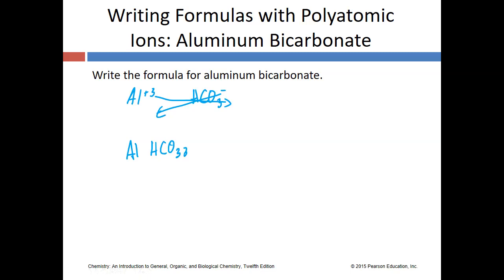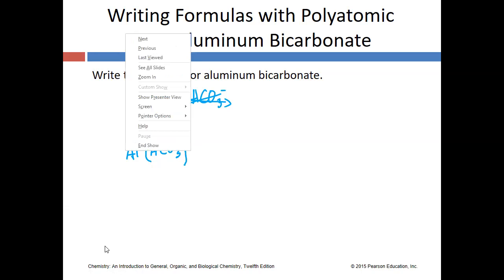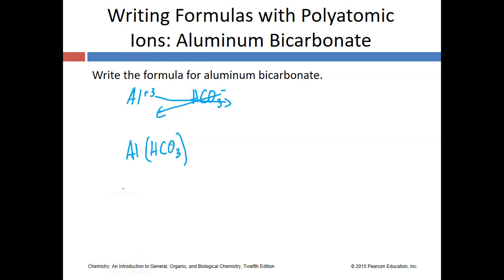I'd be seeing, okay, HCO3 or HCO33? Not sure. By putting the parentheses around it, that tells everyone watching that there are 3 of these bicarbonate clusters to balance out the charge of the aluminum.